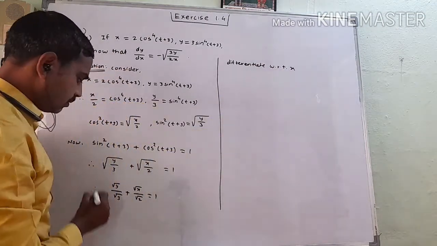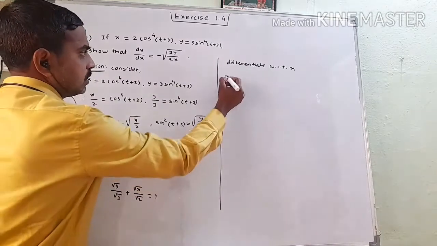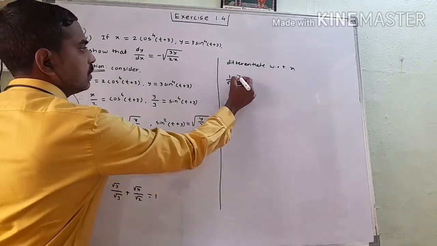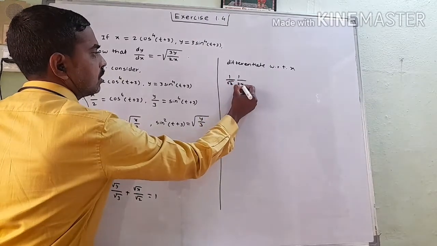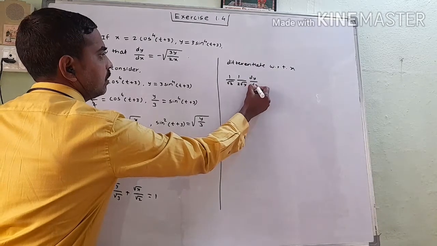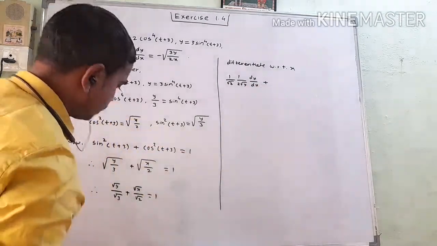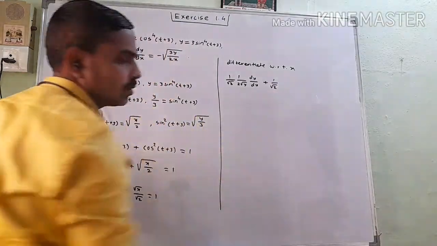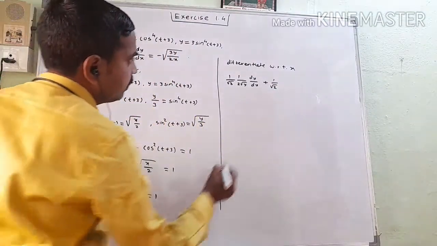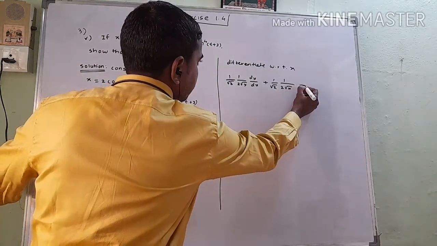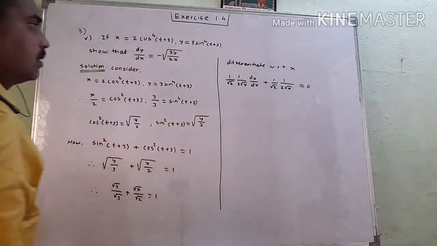What will be the derivative? 1 by root 3 is constant. The derivative of root y is 1 by 2 root y into dy by dx, plus, in a similar manner in the second term, 1 by root 2 is constant and the derivative of root x is 1 divided by 2 root x, and the right side derivative is 0.